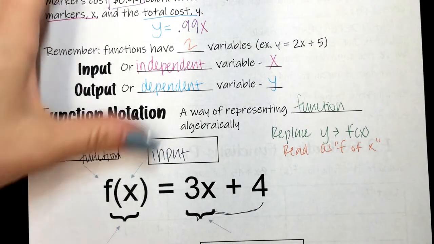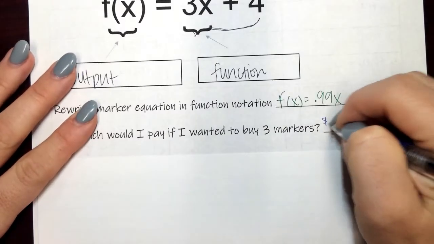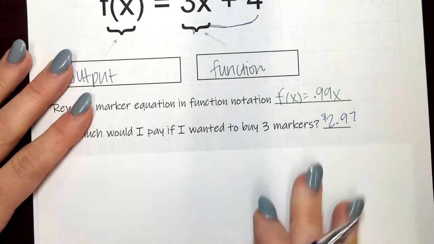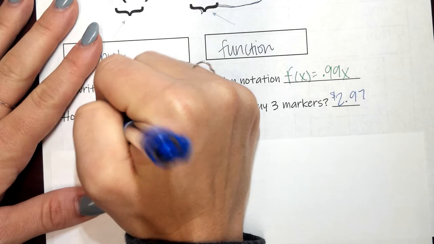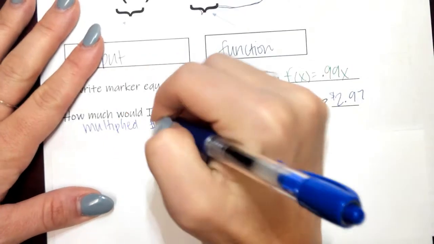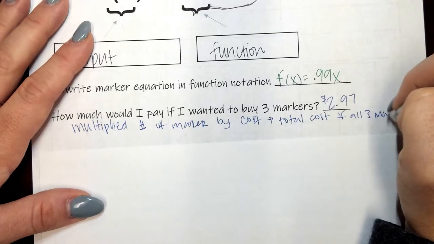We were taking the cost of each marker times how many we buy. So that is $2.97. So what did I do? I multiplied our number of markers by the cost to get the total cost of all 3 markers.